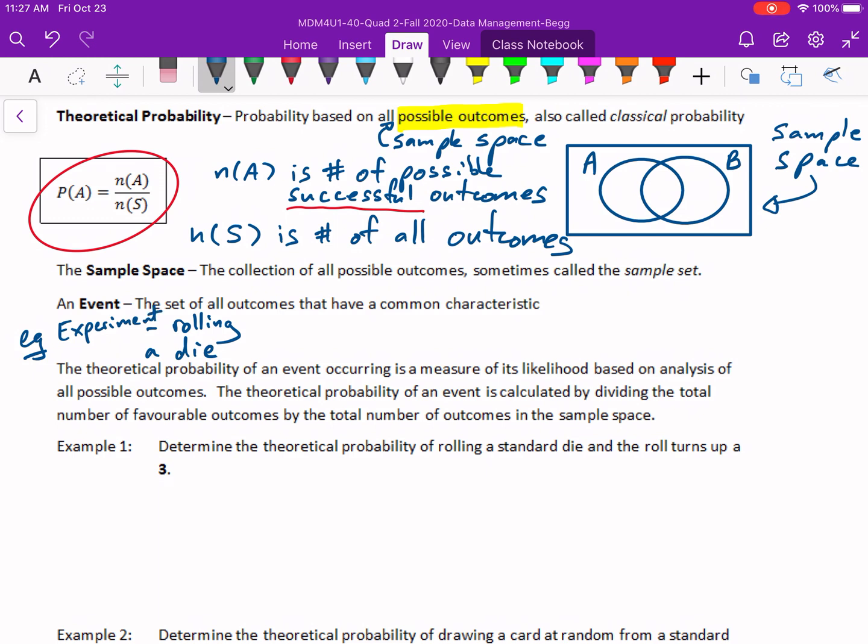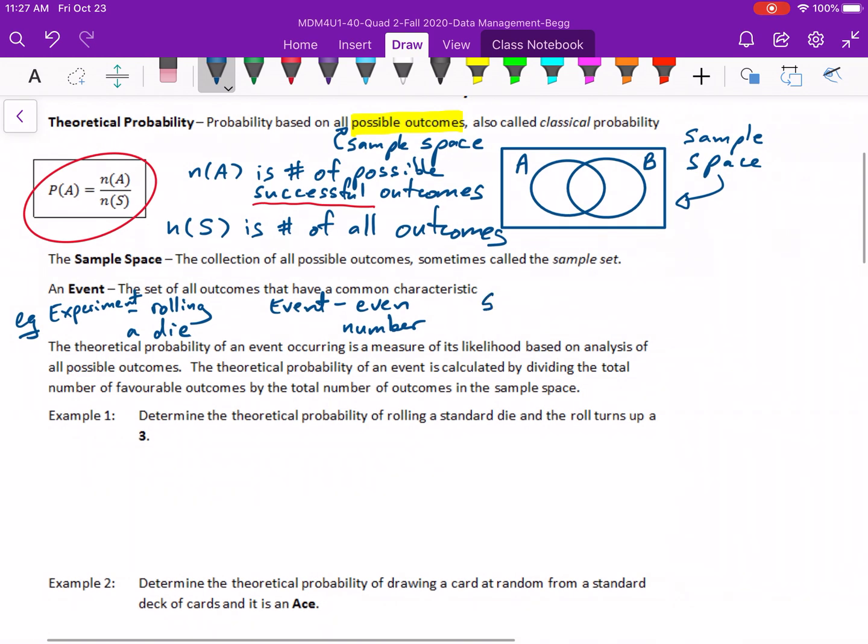And our event would be what we're measuring. So if I roll a six-sided die, maybe what I'm looking for is even numbers, or the probability of rolling an even number. And the sample space would be all sides of the die, all the outcomes.